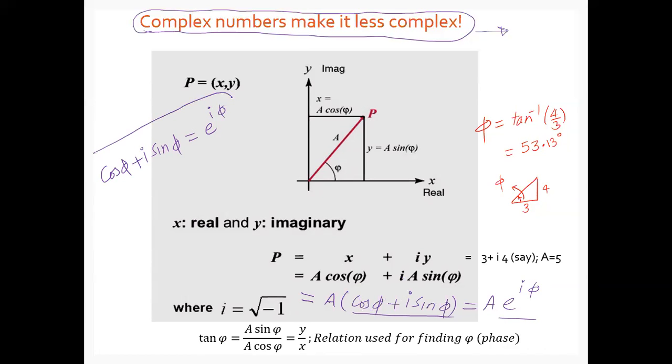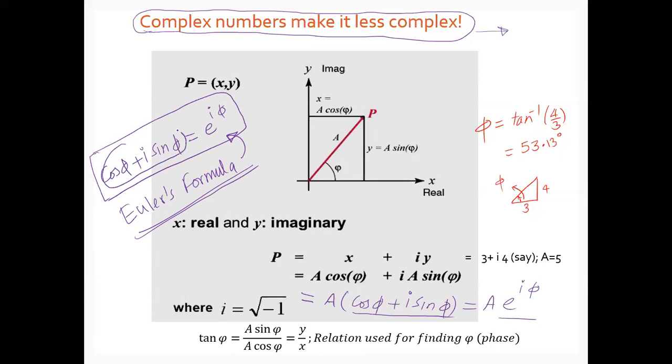This formula is called Euler's formula. E-U-L-E-R, Euler's formula. The mathematician found this formula. Whenever you see cosine phi plus i sine phi, you can simply write it in terms of this.